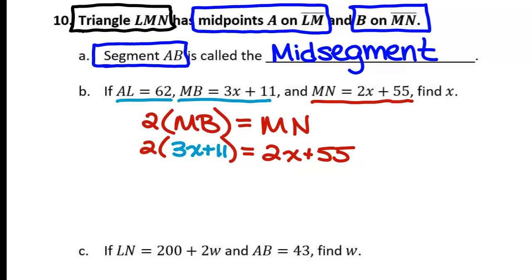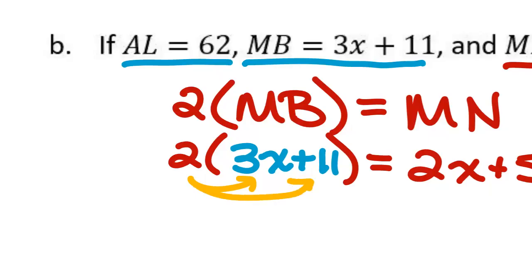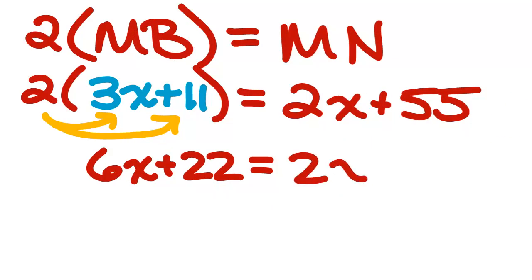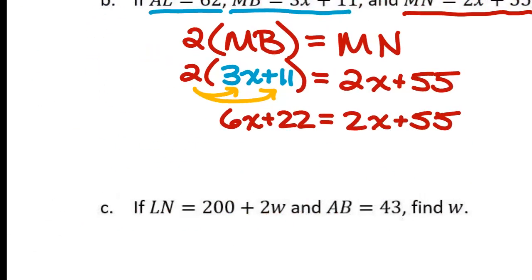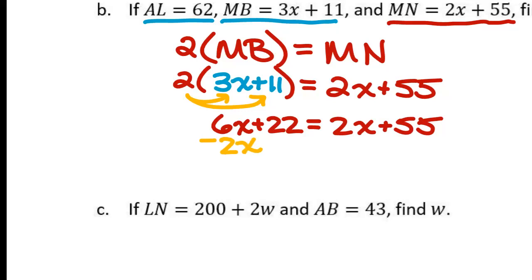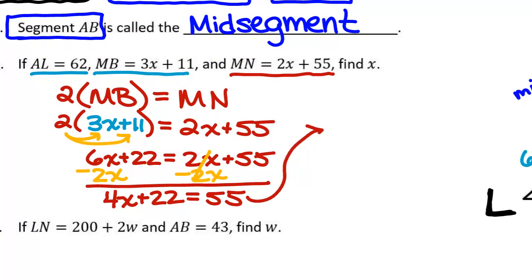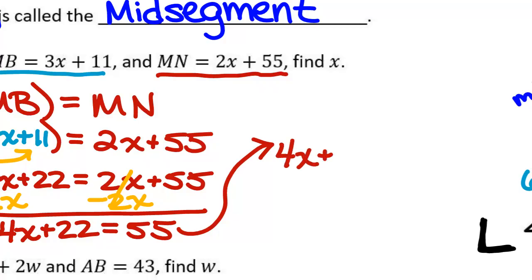First thing I want to do now that I've got this set up is distribute that 2 inside my parentheses. So I would have 6x plus 22 equals 2x plus 55. Then I'm going to get my x's to the same side, so I'm going to subtract 2x from both sides. That would give me 4x plus 22 equals 55.